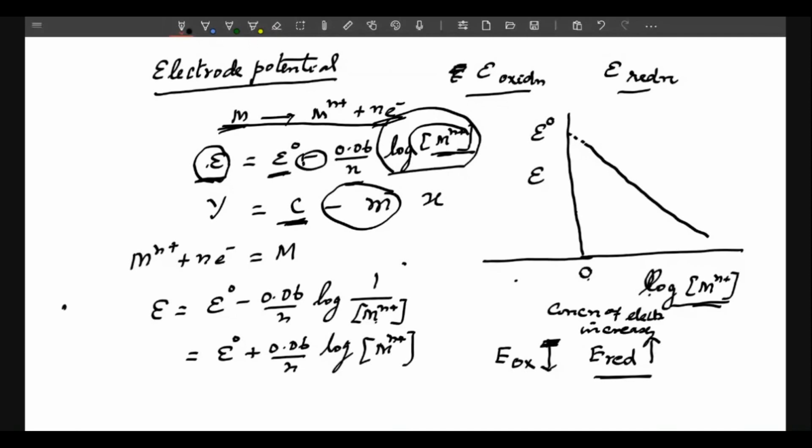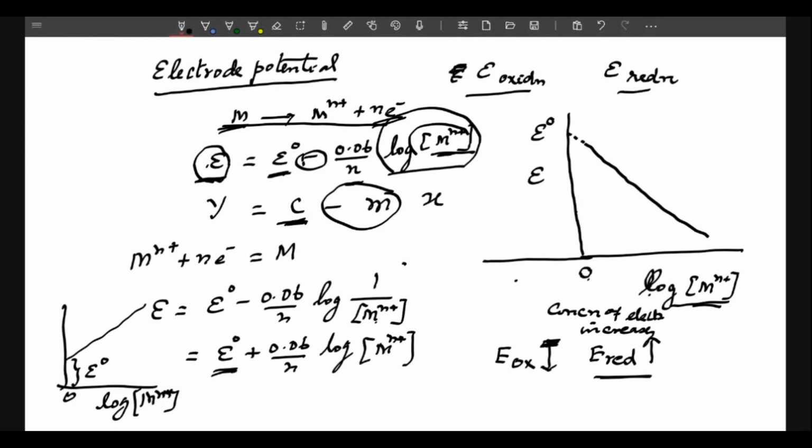If you plot now E versus log of Mn plus, E is going on increasing. But it is not passing through the origin because there is a y-intercept, and this is the E0 value. Therefore, in the case of a metal electrode, the reduction potential is going on increasing as the concentration of the electrolyte increases.